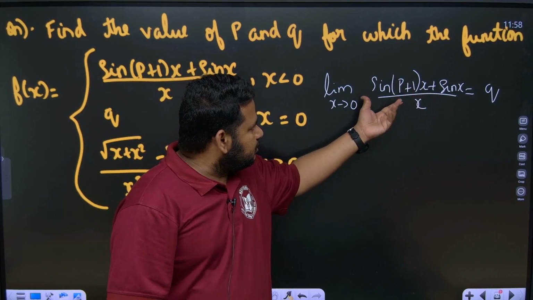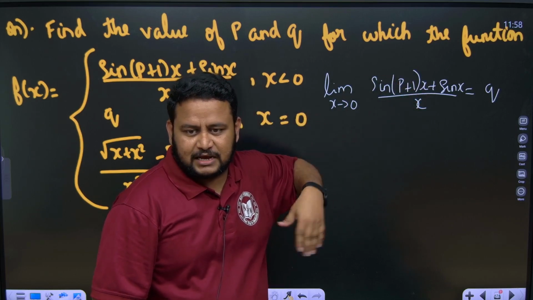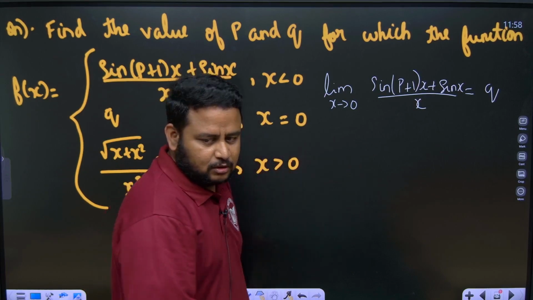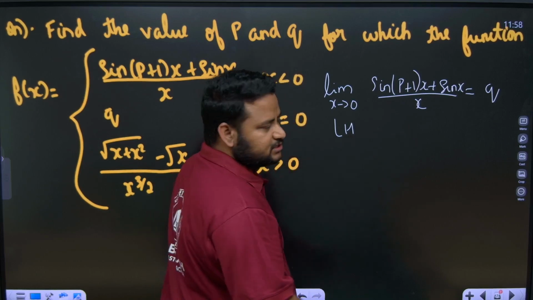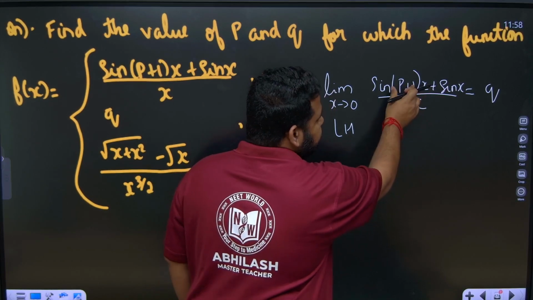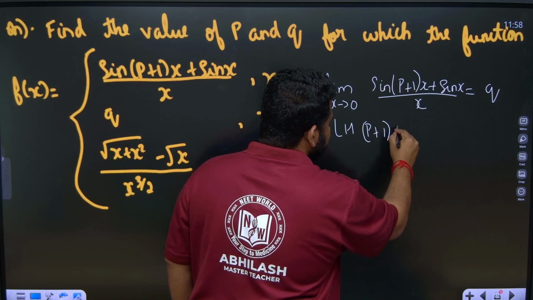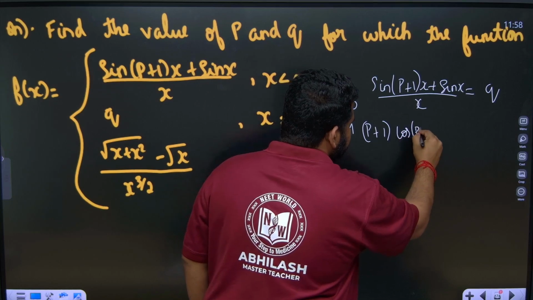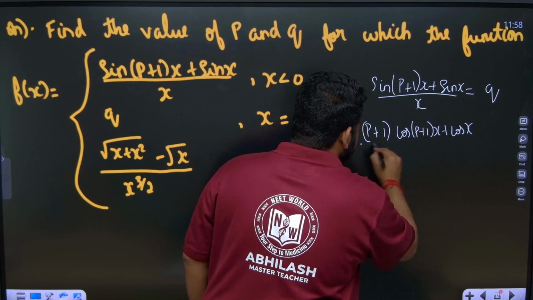Clear? Now if I put the value 0, I will get 0 by 0 form. If I get 0 by 0 form, I will use my best friend, the L'Hopital rule. So this will become what? The derivative of sin of something is cos of something, and that something, p plus 1, will come out. So p plus 1 into cos((p plus 1)x) plus cos x, and the derivative of x is 1.